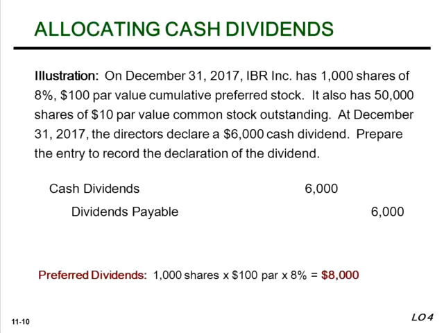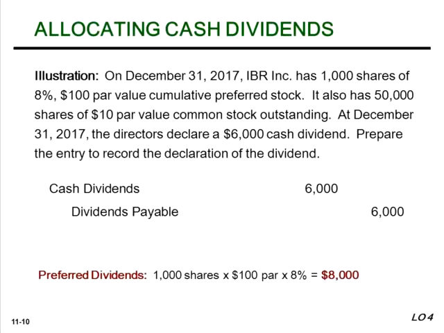So there's a journal entry to record that dividend. Debiting cash dividends of $6,000, crediting dividends payable of $6,000. Of note, down below there's a calculation for annual preferred dividends, and it's $8,000. So they're $2,000 short in terms of satisfying the preferred shareholders.